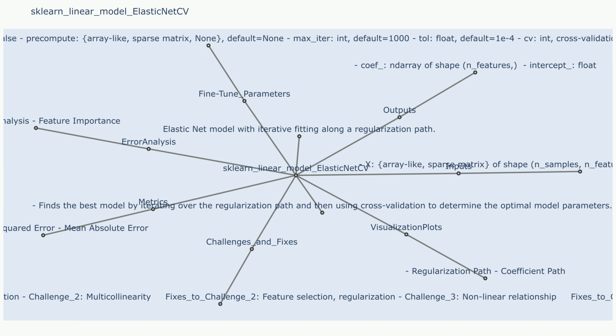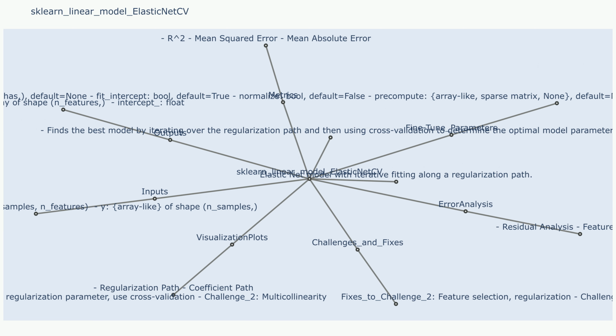This allows it to achieve sparsity like lasso while still mitigating the instability issues that arise from high correlations between features. ElasticNetCV searches for the best combination of L1 and L2 regularization strengths, L1 ratio and alpha, across a predefined grid, using cross-validation to evaluate the model's performance.